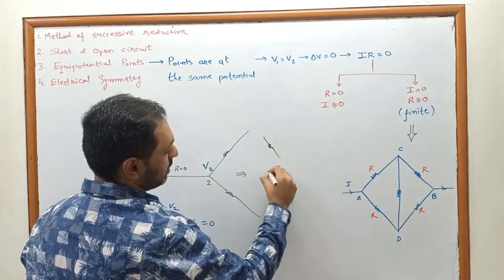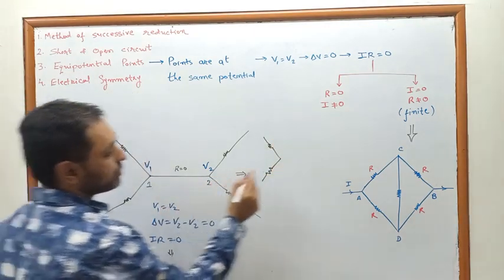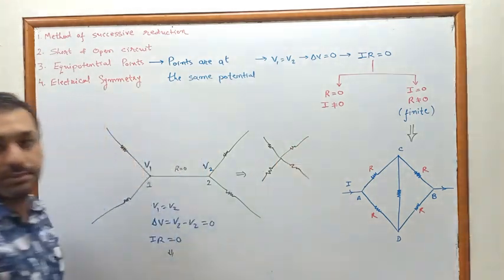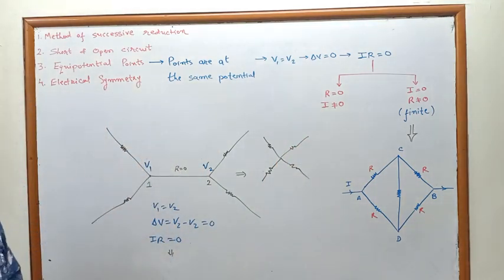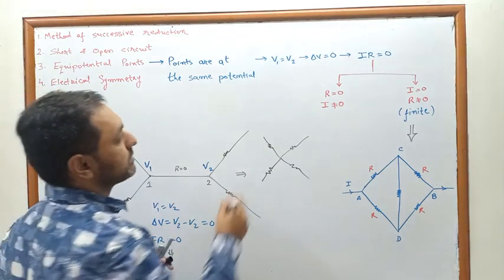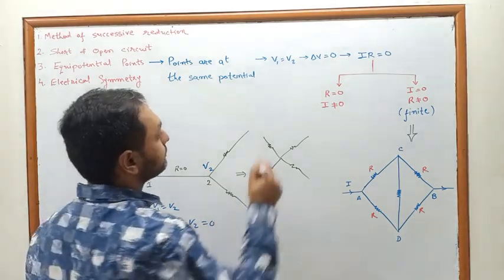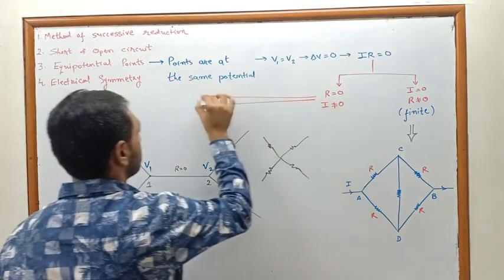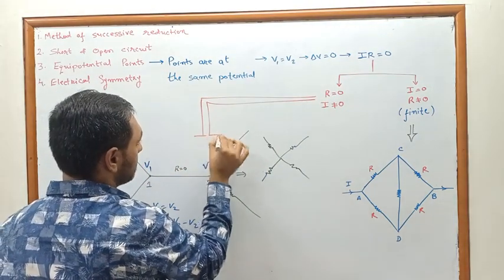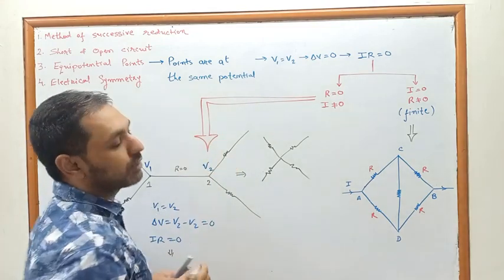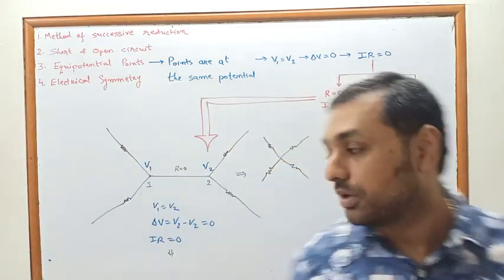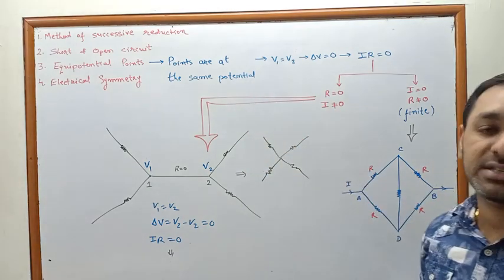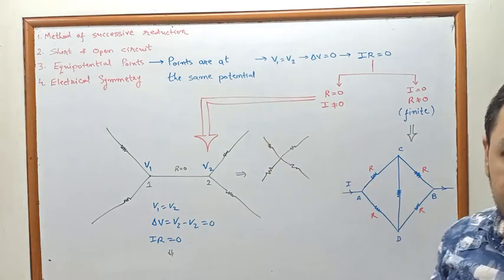This one and this one. Join these two points, like this and like this. Okay, so this is what we will get in case number 1. If R is equal to 0 and I is not equal to 0, you can consider this case as a case of short circuit.